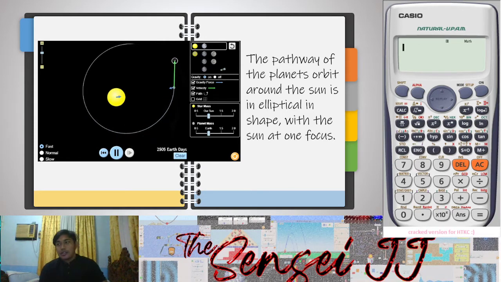As you can see, guys, this is not just happening to our Earth but also to other planets. If it is elliptical, then other planets will be elliptical too. So that is our first Kepler's law of planetary motion.